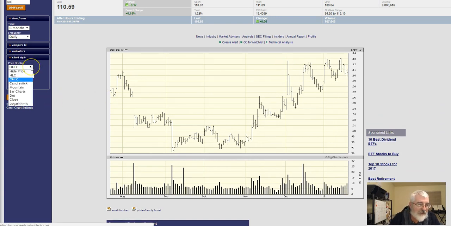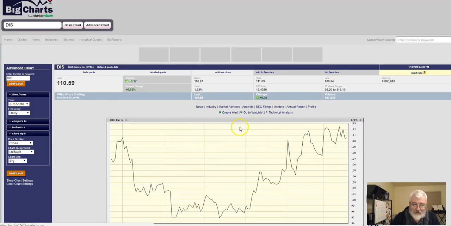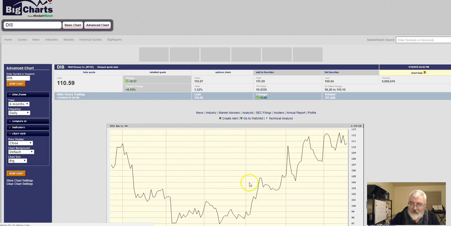Also, these are opening, high and low, and closing. I kind of just like to see just regular close, I think. Hit draw again. Yeah, that's nice because I like to see the wiggly lines.